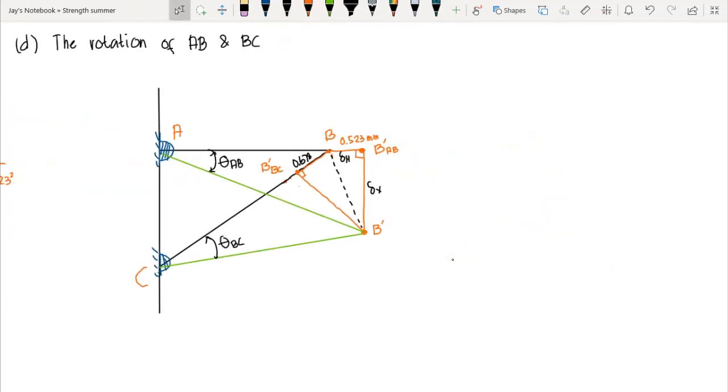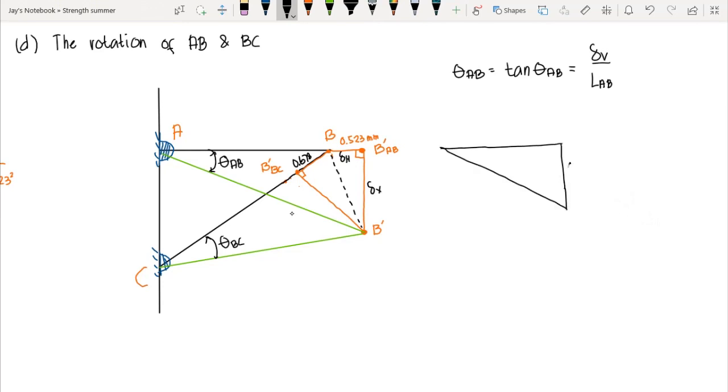Now, since our angle is very small, we can say that theta AB is basically equal to tangent theta AB, or just the tangent of the angle itself. If we look at the figure, this is a right triangle, and tangent AB is just the vertical displacement over the length of AB. If you redraw that, this is the vertical displacement and this is the length AB.